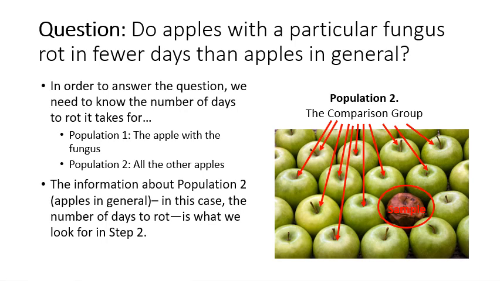And all of these other apples make up the comparison group. So the information about population 2, apples in general, in this case, the number of days it takes to rot, this is what we look for in step 2. Information about all of these apples in general, which is population 2, and which we'll call the comparison group. So it's what we're comparing our special apple to.